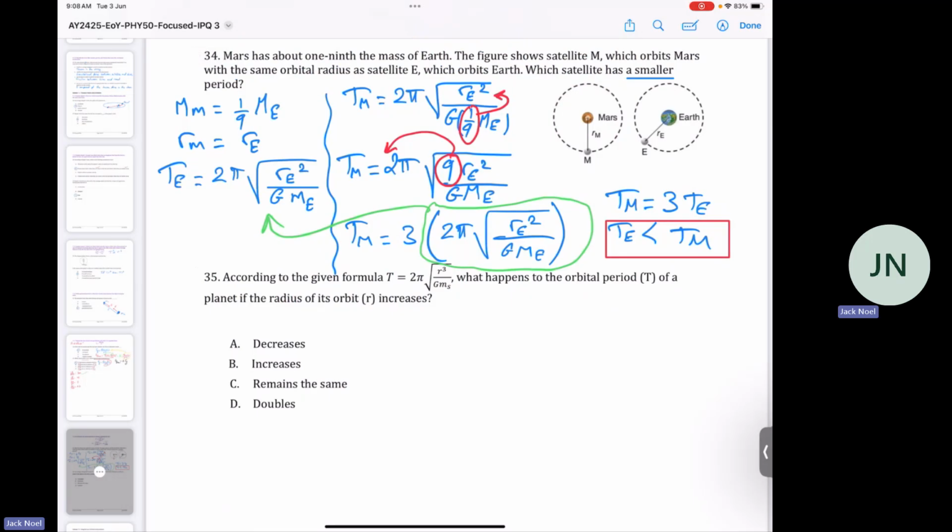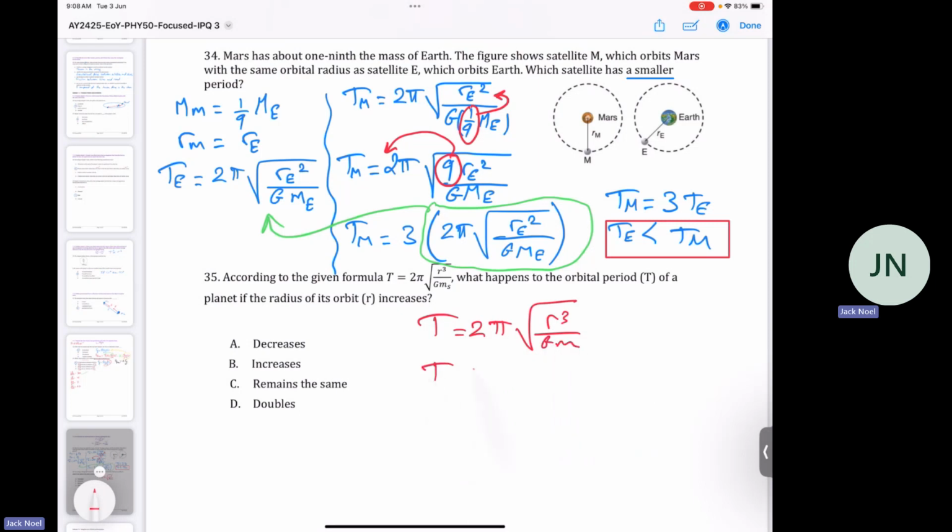According to the given formula, T equals 2 pi square root of r cubed over GMs, what happens to the orbital period T of a planet if the radius of its orbit r increases? I can see here from the formula that T equals 2 pi square root of r cubed over GM.